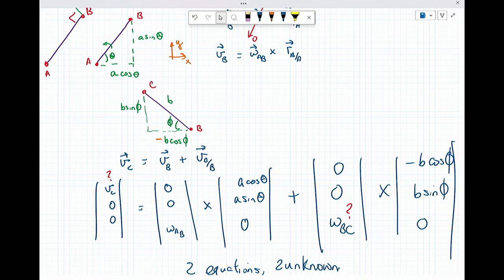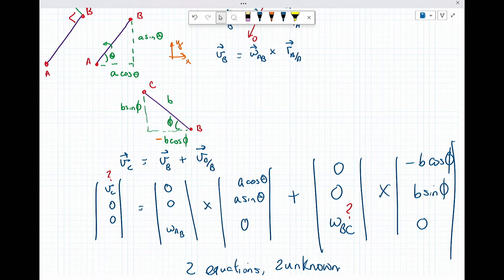So when I did my vector solution, you'll notice I have VC i, not VC j or VC k. Same thing with all of the rotations. Rotations in this course are nice. They only occur about k. So omega AB k, omega BC k.